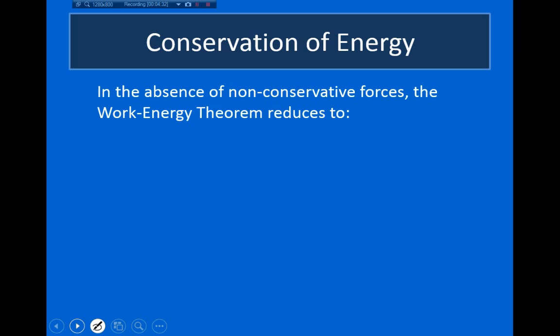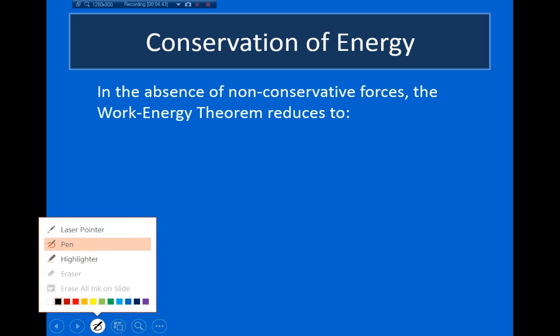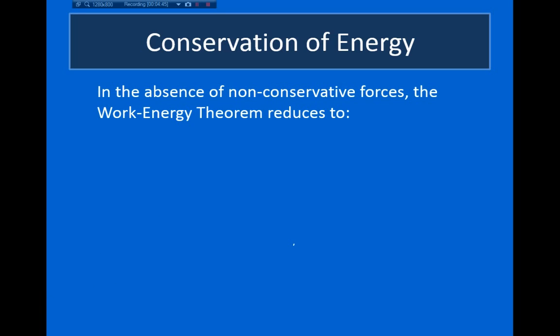It turns out that in the absence of non-conservative forces, the work-energy theorem reduces to conservation of energy. The way we can see this is the work-energy theorem says the sum of the work that's done by all the forces is equal to the change in the kinetic energy.